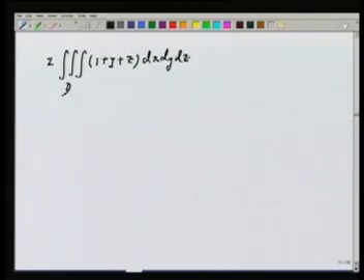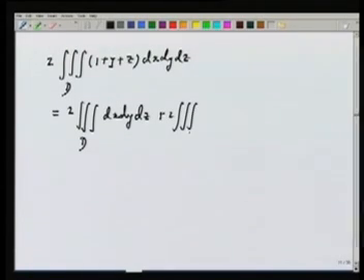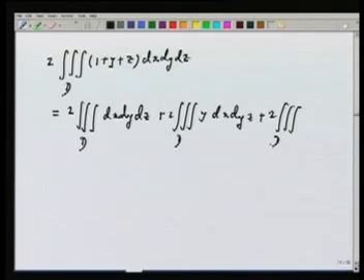Now this integral I want to evaluate. Now this I can write as 2 times the triple integral over D of dx dy dz, plus 2 times the integral of y dx dy dz, plus the integral of z dx dy dz.